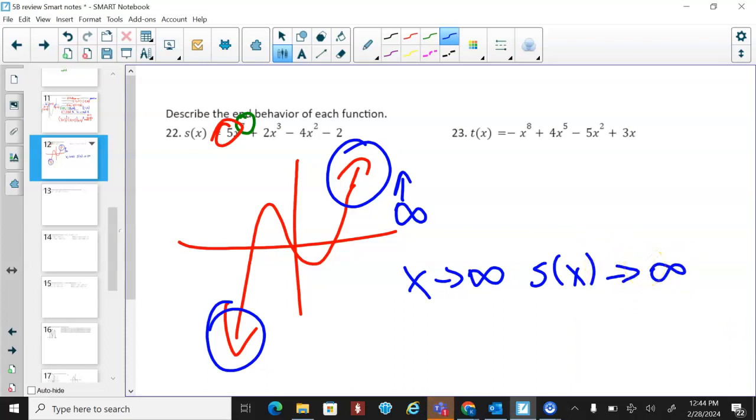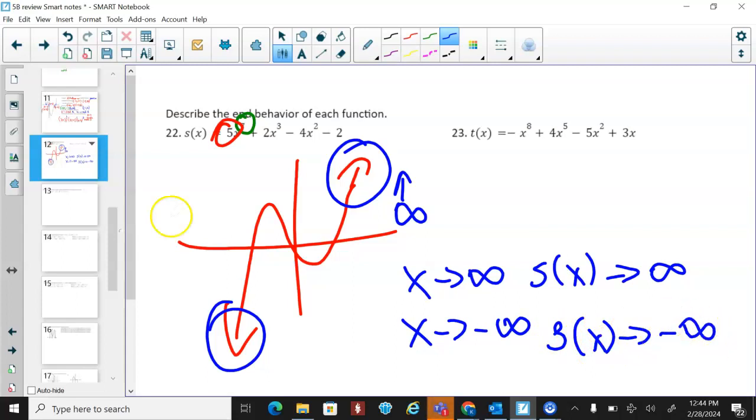And since this is an odd function, on the negative side, my function should be traveling down toward negative infinity. But let's just check it. On the negative side, my function, in fact, travels down.